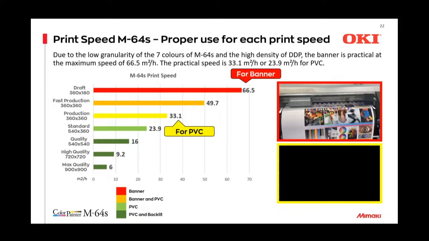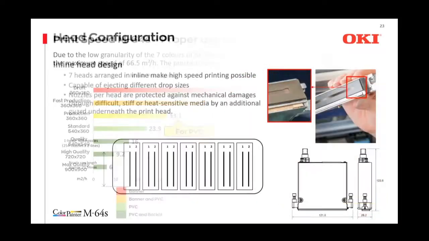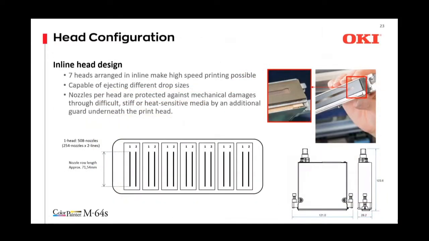All right, so how do we generally achieve that? We achieve that with an inline head configuration, so 7 heads arranged in line. This is a relatively new update: now on our head units, you can see the guard that's been applied around the head.